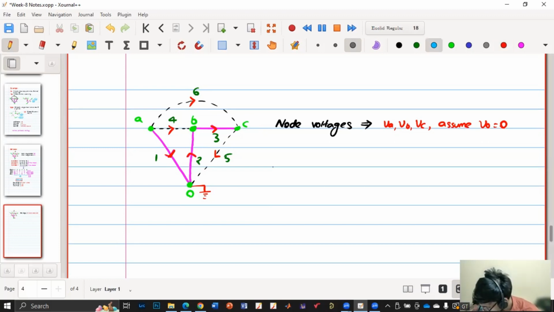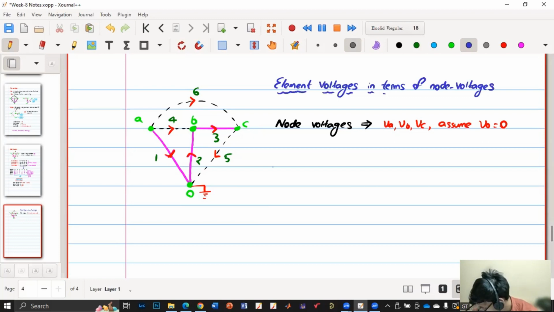So the heading can be element voltages in terms of node voltages. We will fix the node voltages because it is nodal analysis, and we will write the element voltages in terms of node voltages.